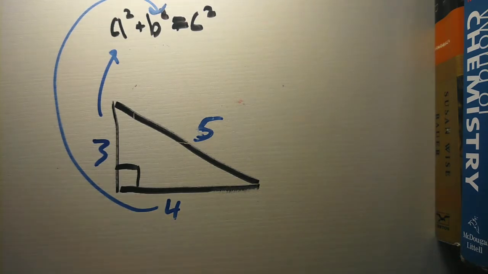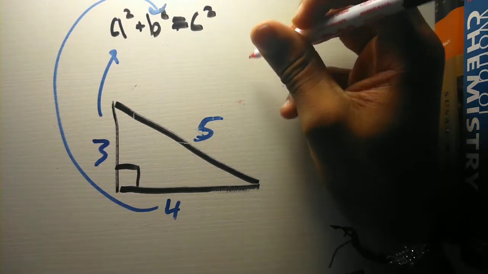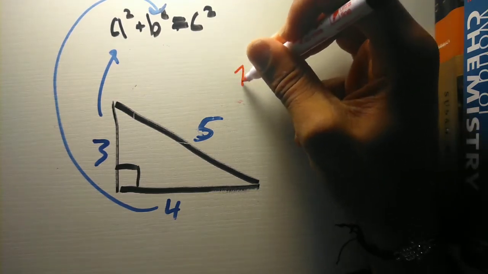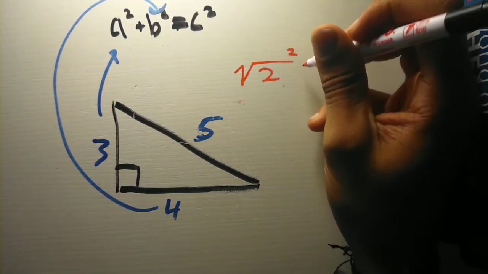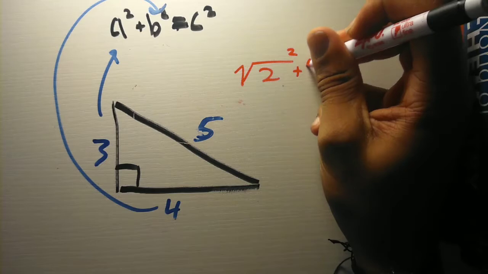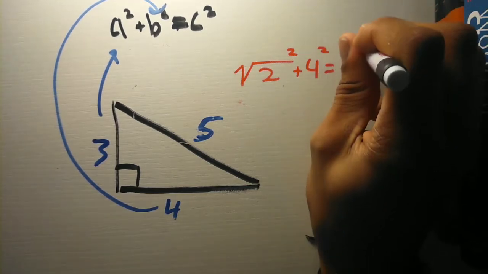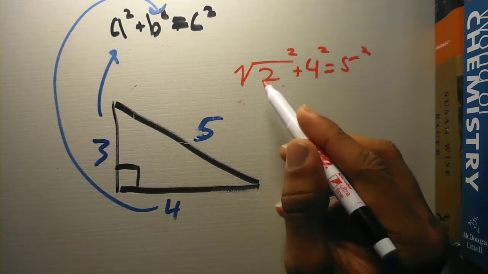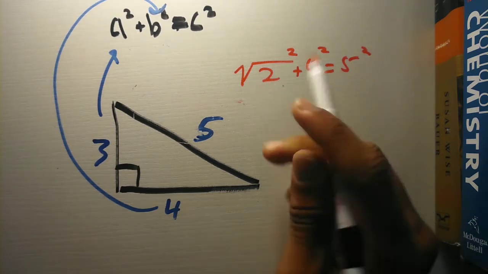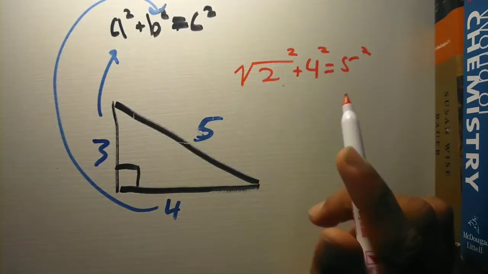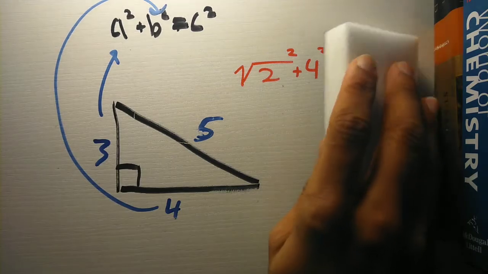For instance, you will have an equation such as, let's say, 2, the square root of 2, plus 4 is equal to, say, 5 squared. That's not very pretty. That's not very easy to handle, not right now, at least. And so that's why previously we would call those Pythagorean triples.